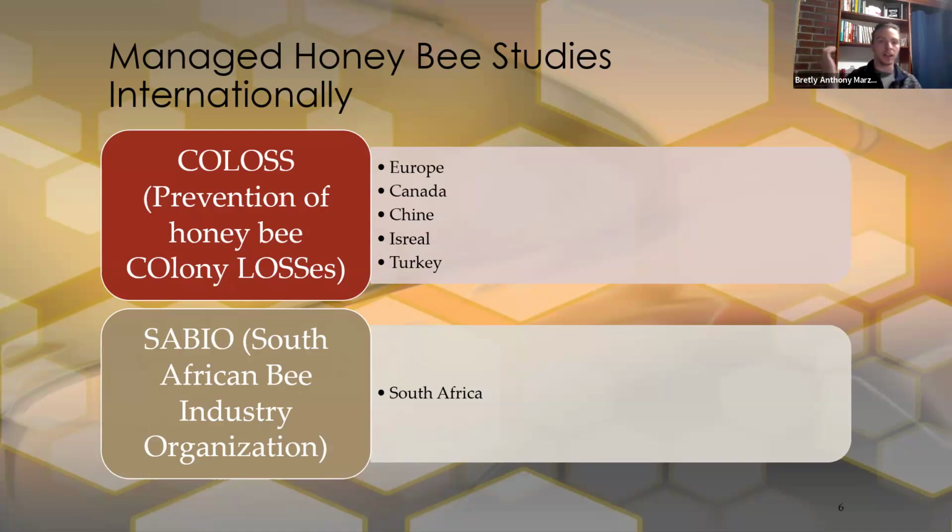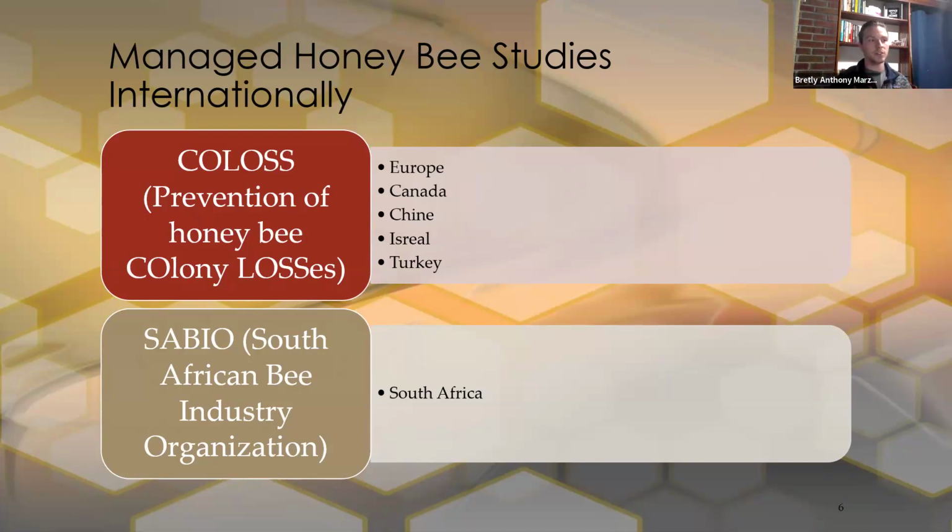One is obviously a lot bigger. They cover a whole continent and then a couple other countries in there. But they all do about the same thing as the Bee Informed Partnership do. They look at year over year when they report, and all of these surveys that I'll talk about today are very similar in the kind of data that they're collecting.